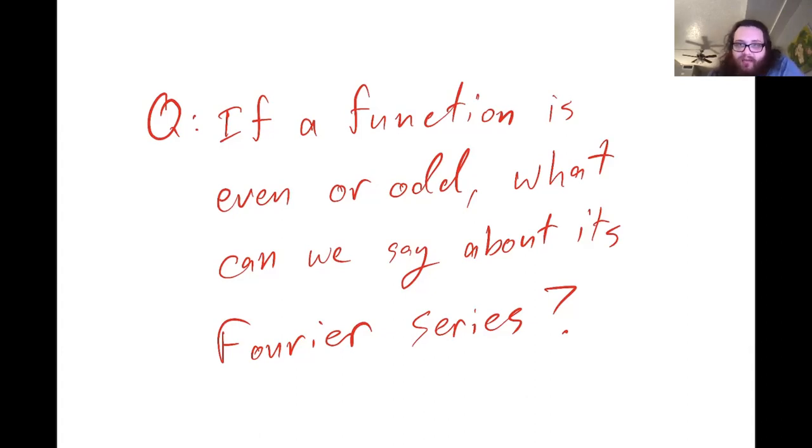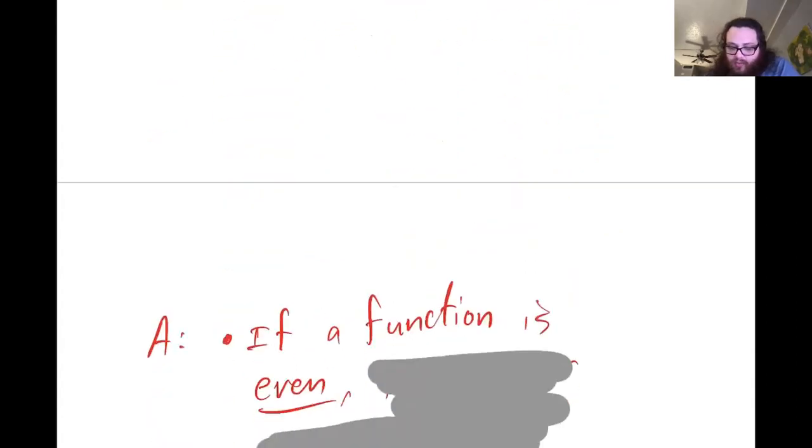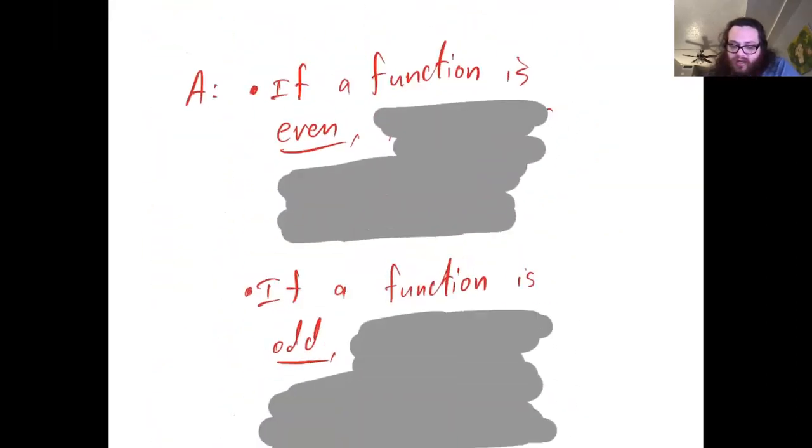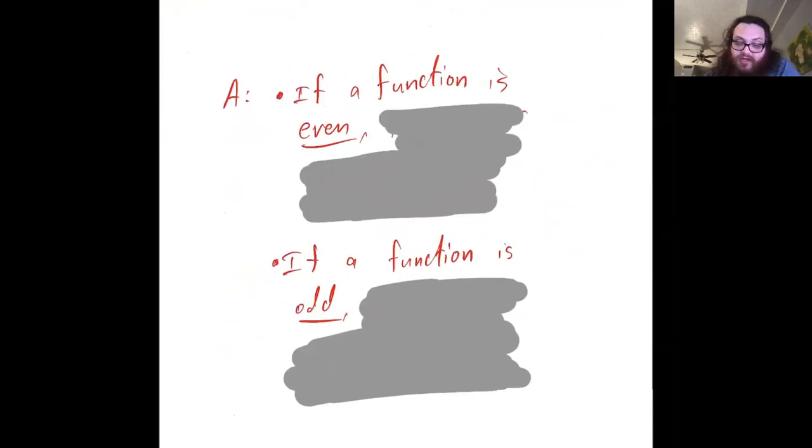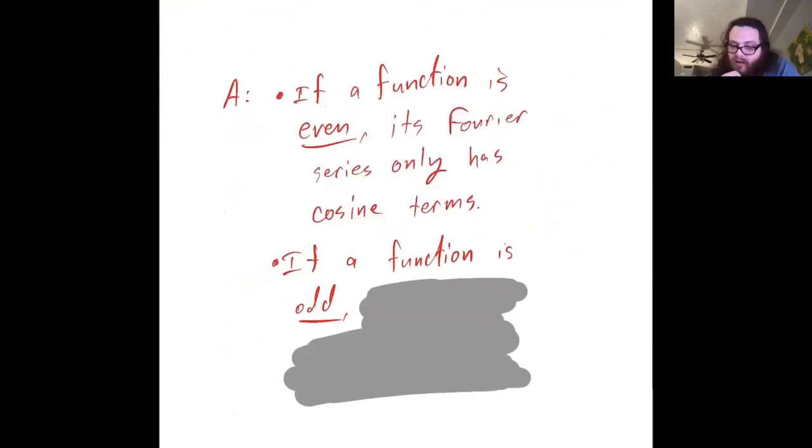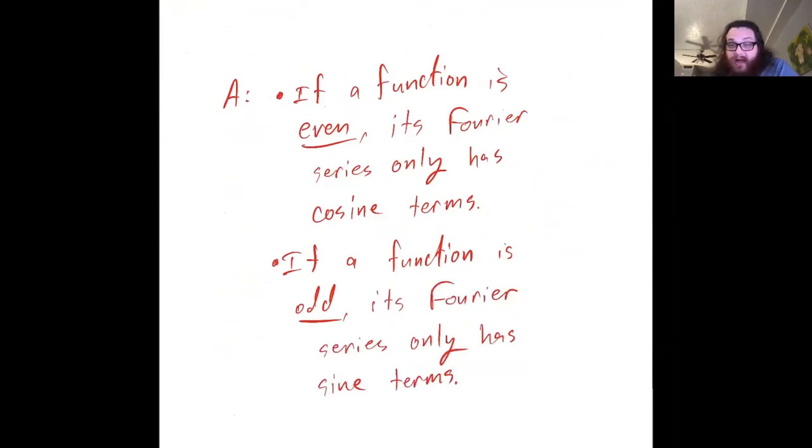It just doesn't have an odd part. And so the same will be true for the Fourier series. If a function is even, its Fourier series will only have the even piece, the cosine terms. If the function is odd, its Fourier series will only have sine terms.